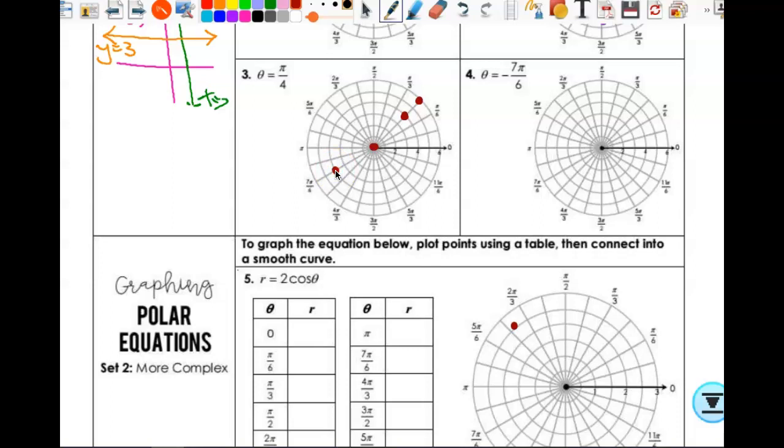A line, exactly. It's going to be a line that goes, oh, that was totally the wrong point I just did, wasn't it? Sorry about that. Hit the wrong thing. There we go. It's a line. Now it looks more like a line. You have this line right here that goes through pi fourths. Good with that? So you graph this one.